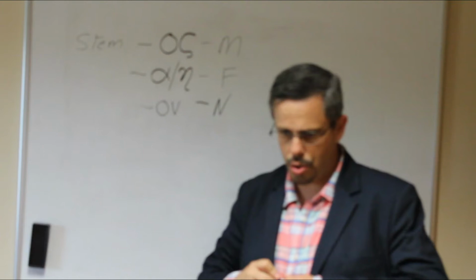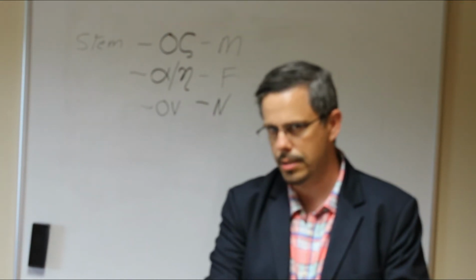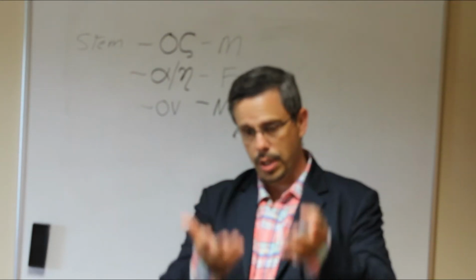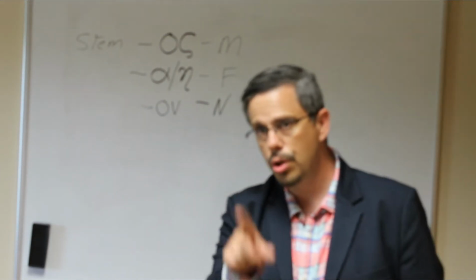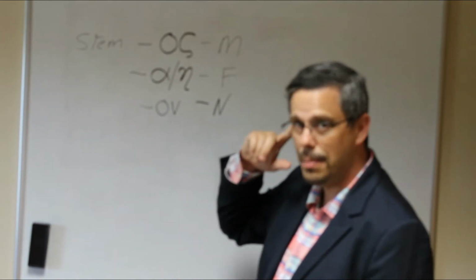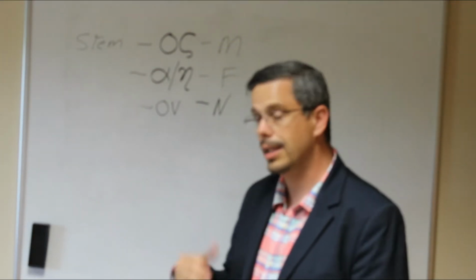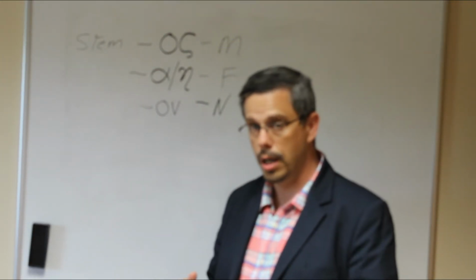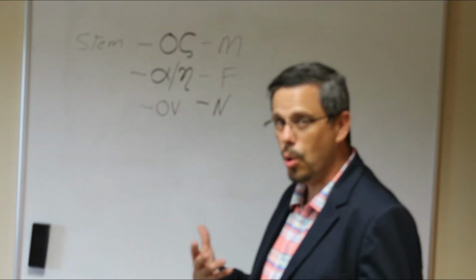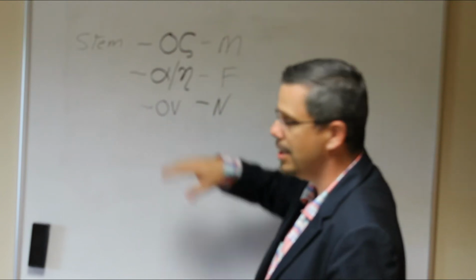So, the stem is where the meaning of the word is. In your vocabulary list, the stem will have an asterisk. Now, you're going to know them really by hearing them, by the ending of the whole word, like logos, hora.